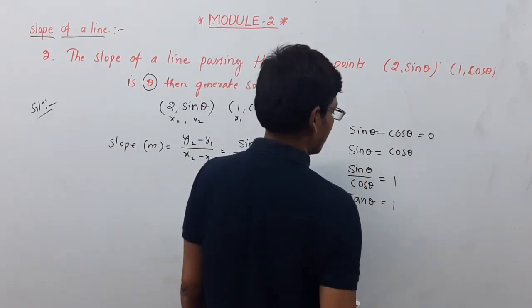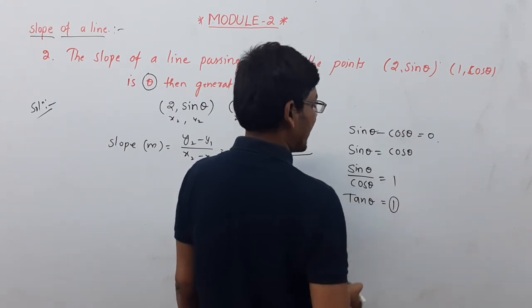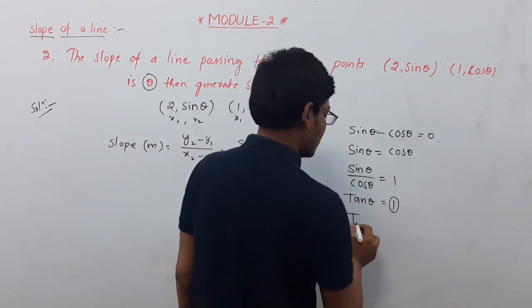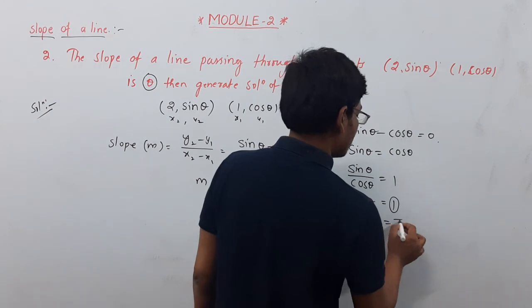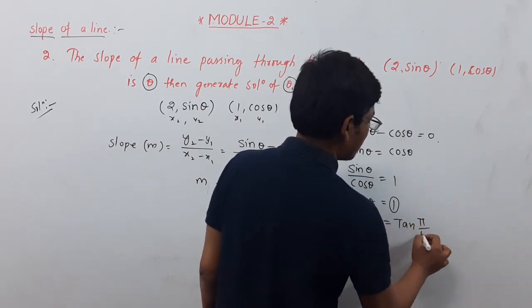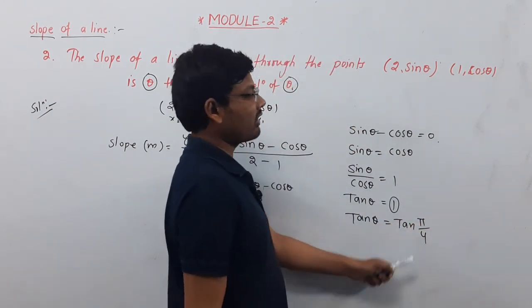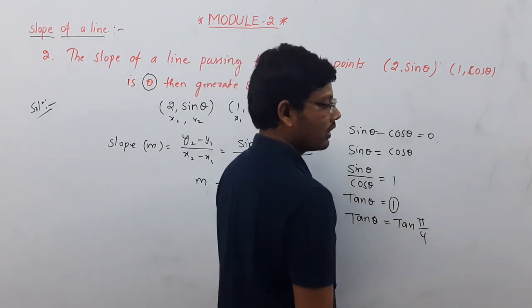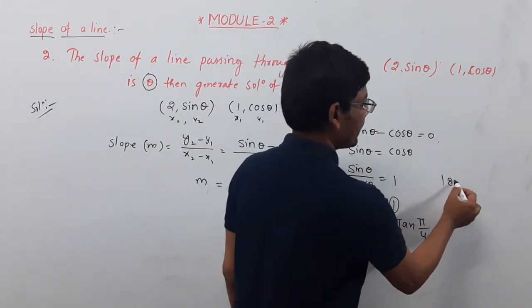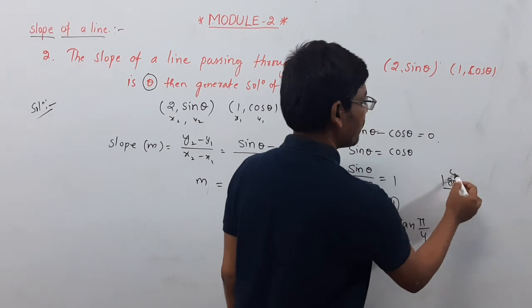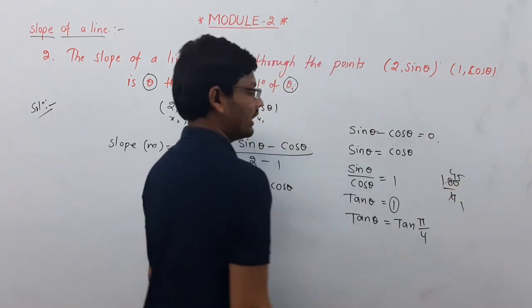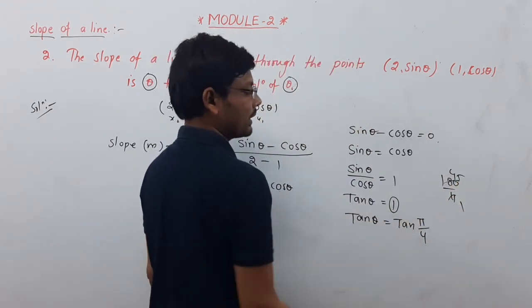Tan theta is equal to 1. When the tan theta value becomes 1, tan theta is equal to tan of pi by 4. Pi by 4 is nothing but 180 degrees by 4. 180 degrees divided by 4 is nothing but 45 degrees. At 45 degrees tan value becomes 1 here.